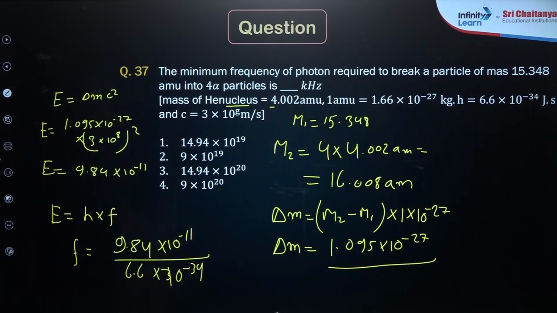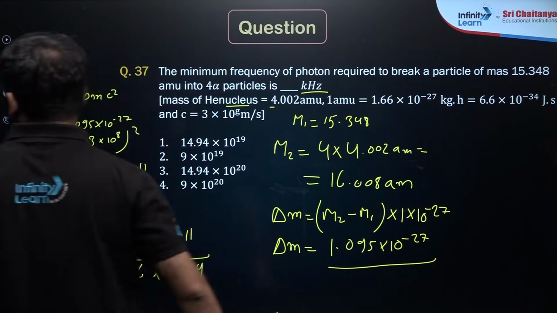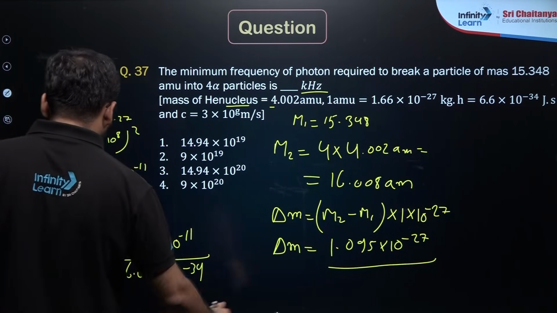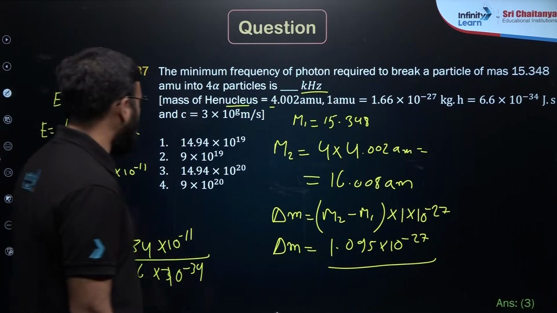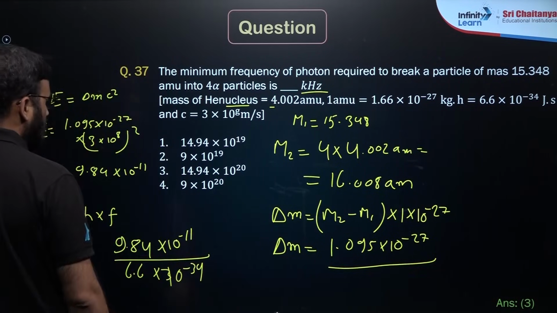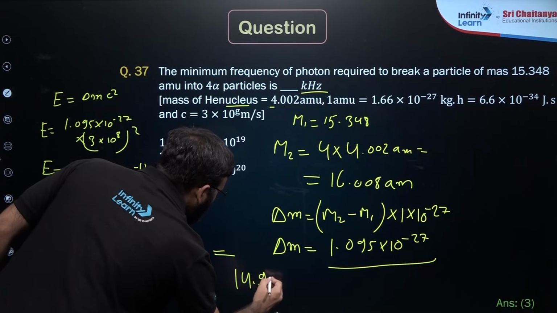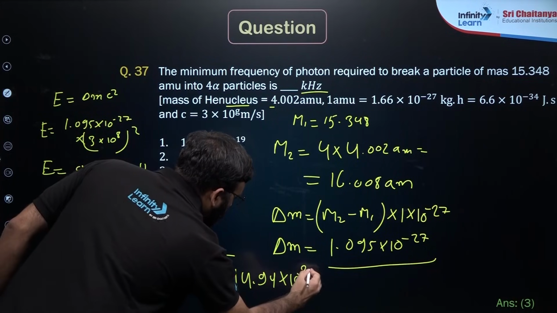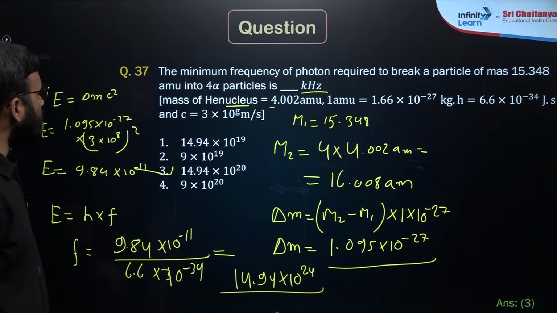So this is the frequency you can get. The final frequency they will ask in kilohertz. Okay beta, so you can get 14.94 into 10 to the power 20. Just do the calculations. Option third is your correct answer beta here.